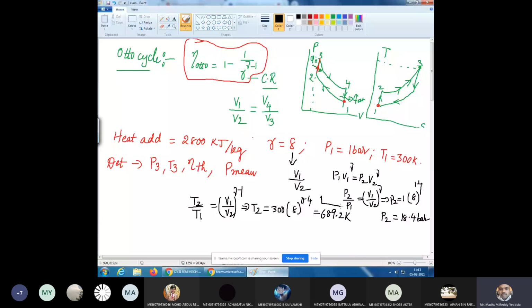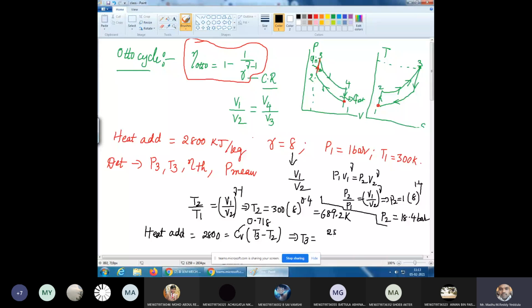T2 is known, P2 is known, right? P1, T1 we know, P2, T2 we know. So can we calculate T3? Heat addition is given as 2800, which is equal to Cv into T3 minus T2. Cv value I know, 0.718. So from this I can calculate T3 because T2 is known.